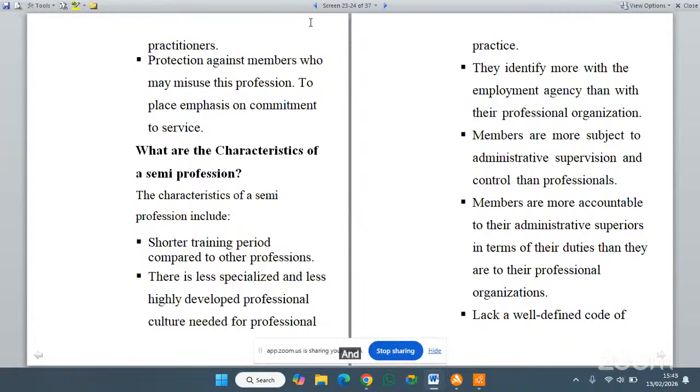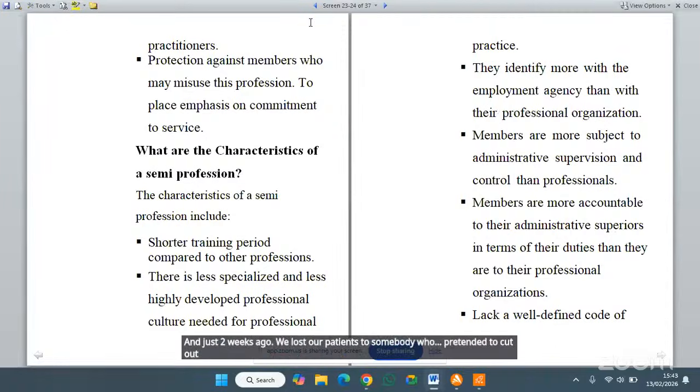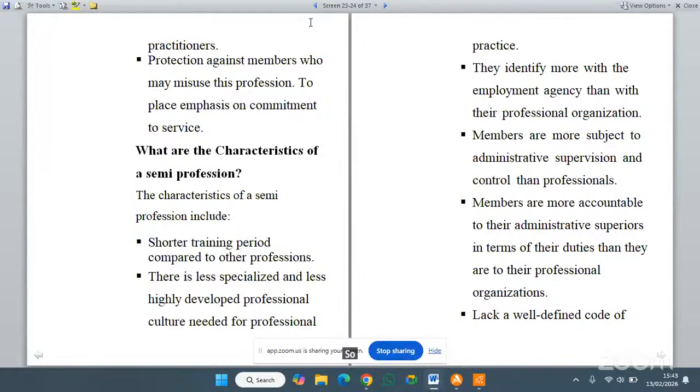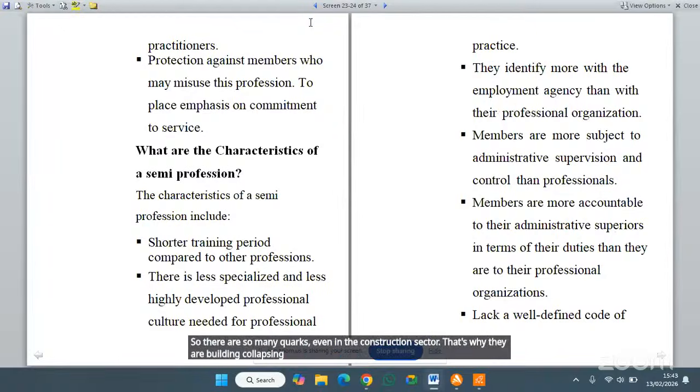Just 2 weeks ago, we lost a patient to somebody who pretended to carry out dental surgery, and it caused harm to this person, and he lost his life. So there are so many quacks even in the construction sector. That's why buildings are collapsing all over. Some people are not real practitioners.